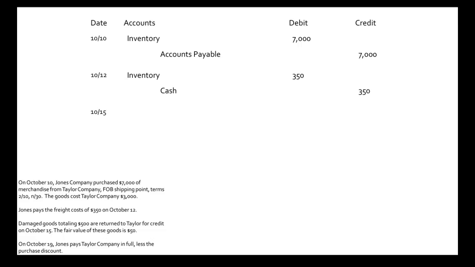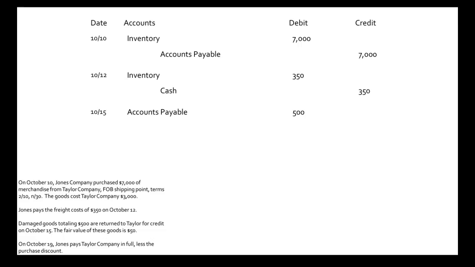When we see that it's returned for credit, that means that that's going to affect what we have to eventually pay Taylor Company. So that's why we're going to see accounts payable be decreased here. Because if you return stuff to the seller or to the store, you don't owe that money anymore, right? So we want to decrease our accounts payable in this case.